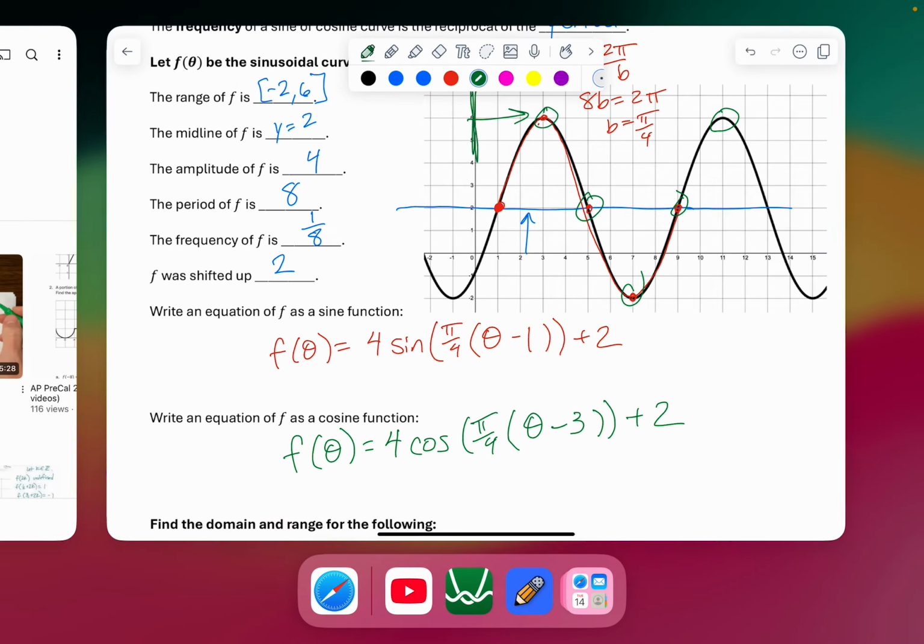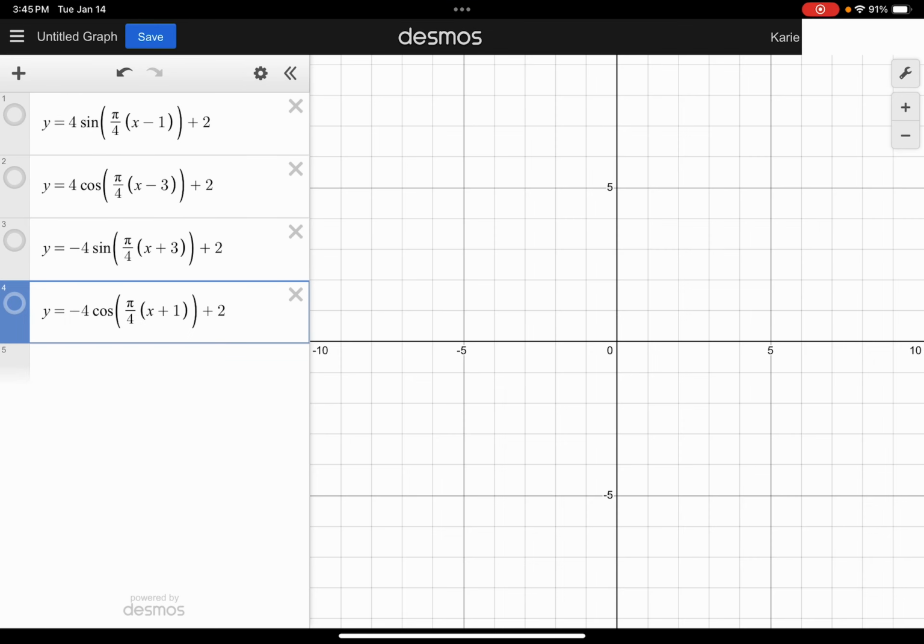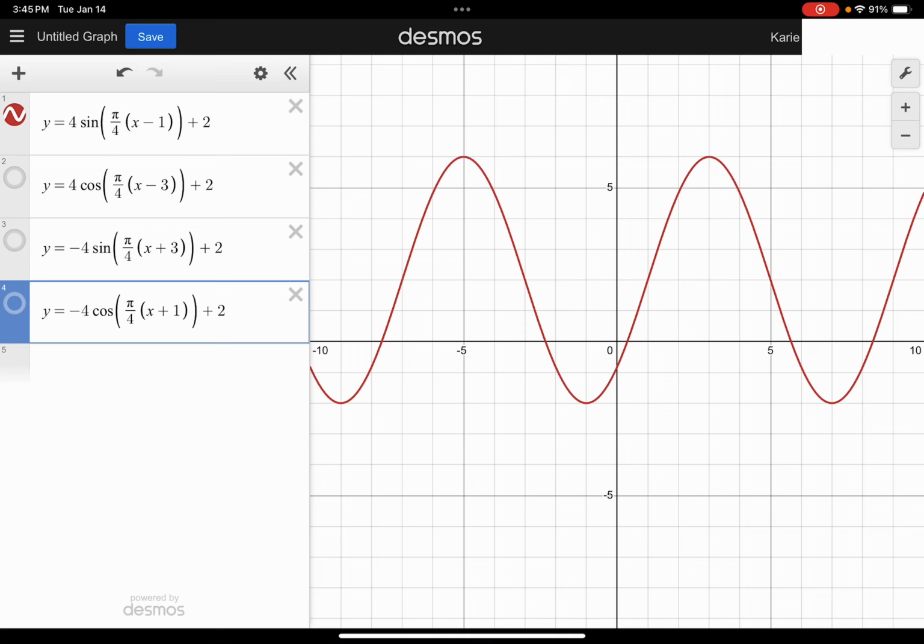I pulled up Desmos a minute ago. Here it is. And I graphed, okay, I think this is the first equation that I got. And then this, I think, is the second equation I just got. And then I decided, okay, what if instead I look at a negative a value, and I could also have a negative a value with a cosine graph.